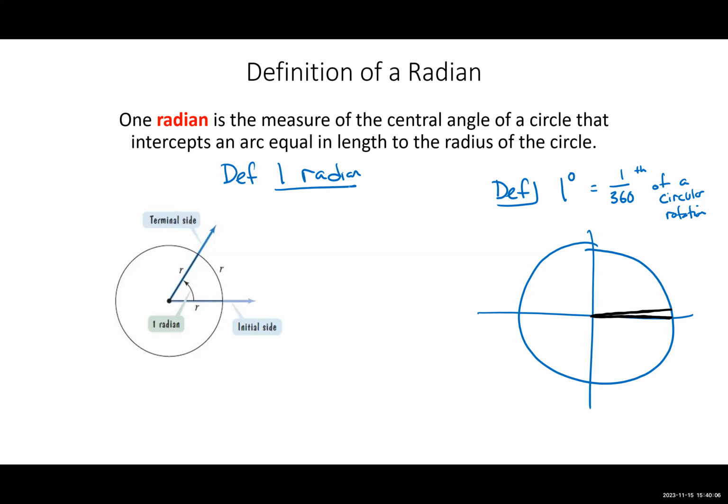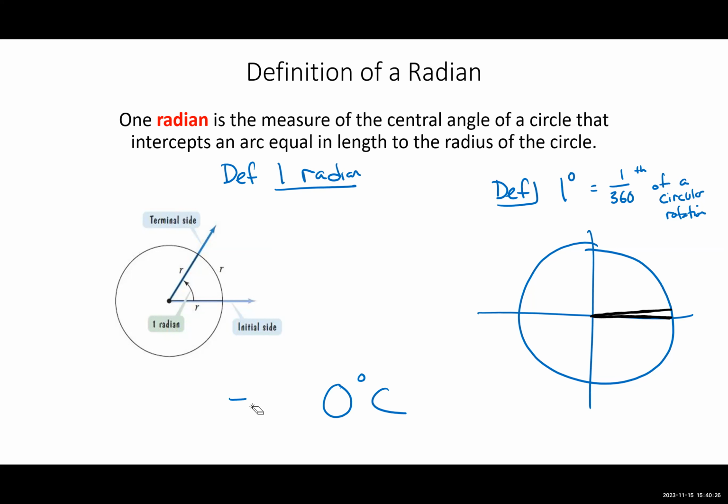Two different units of measurement, Fahrenheit and Celsius. 0 degrees Fahrenheit is not the same as 0 degrees Celsius. Water freezes at 0 degrees Celsius.